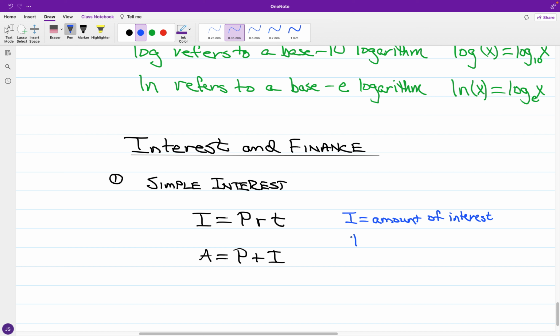P is going to be the principal or the amount financed.